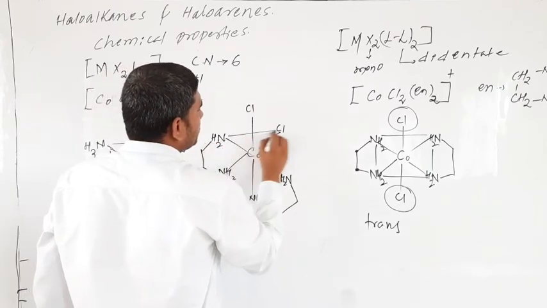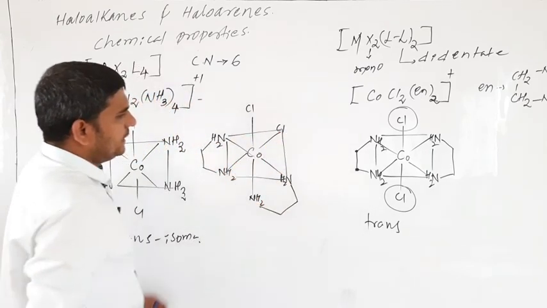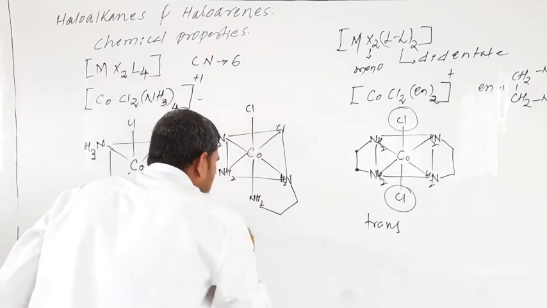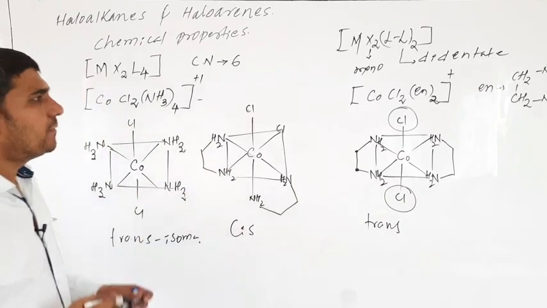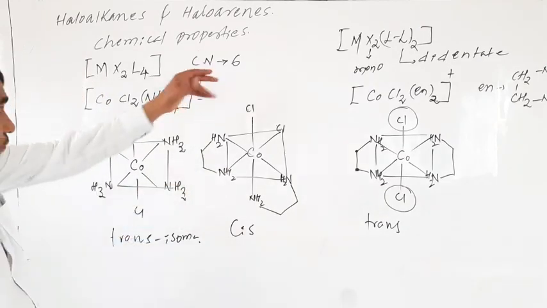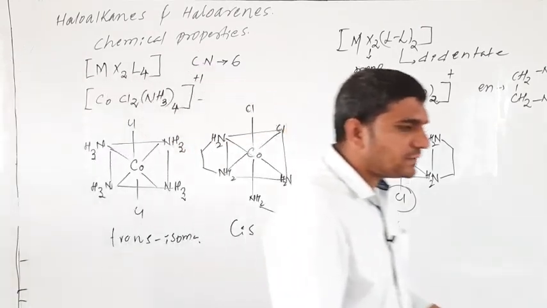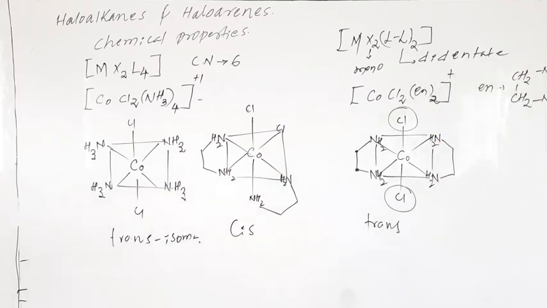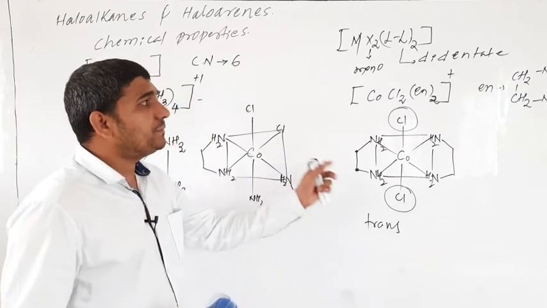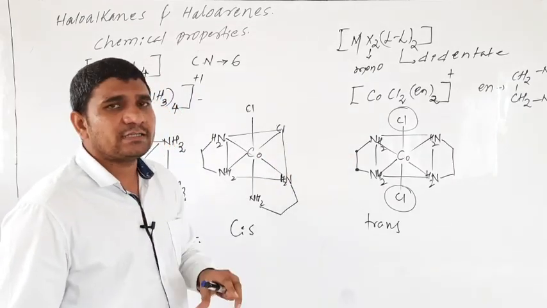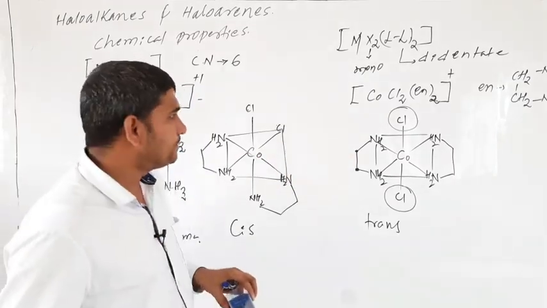They are adjacent. This is the cis form, and the other is the trans form. This is how compounds with coordination number 4 and coordination number 6 exhibit geometrical isomerism, that is, cis and trans.